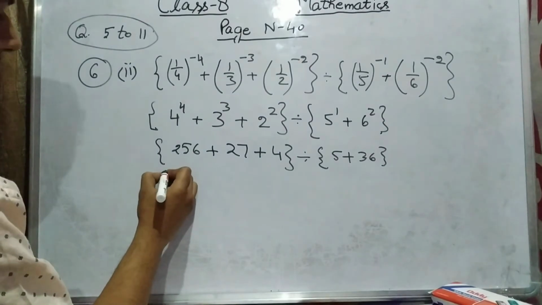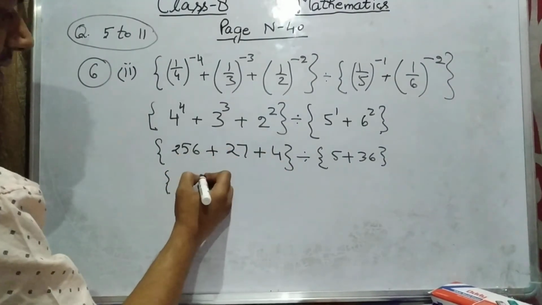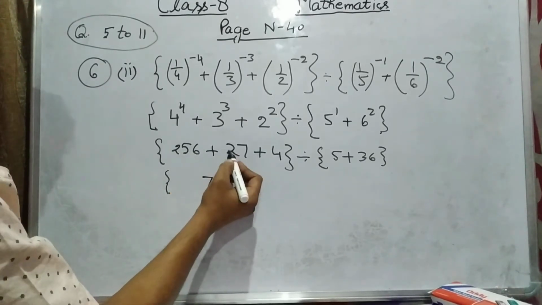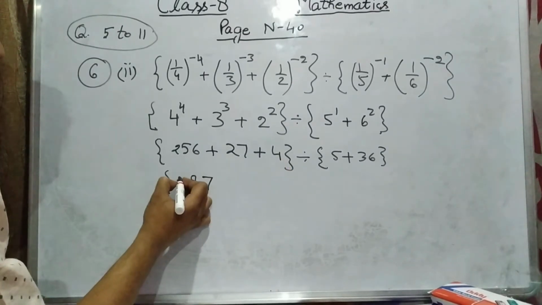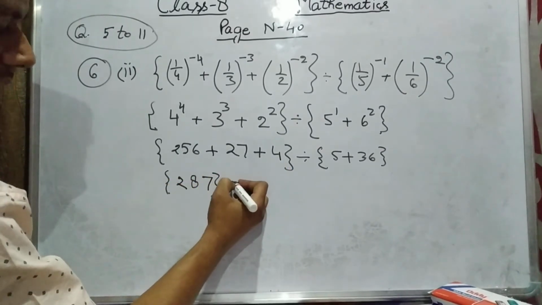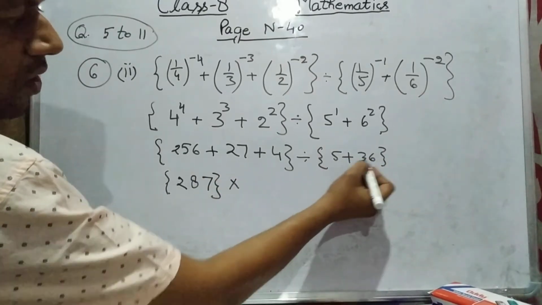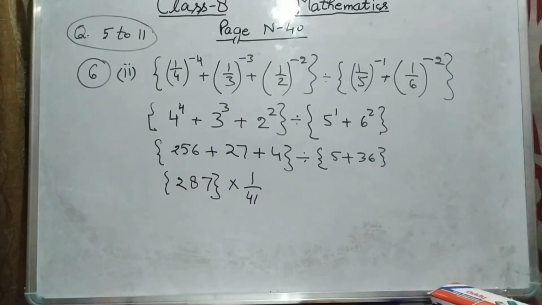Now add all. 7, 4, 11, 6, 17, carry 1, 5, 1, 6, 7, 8, and then 2. Now you can use multiply and the reciprocal of 41, that is 1 upon 41.